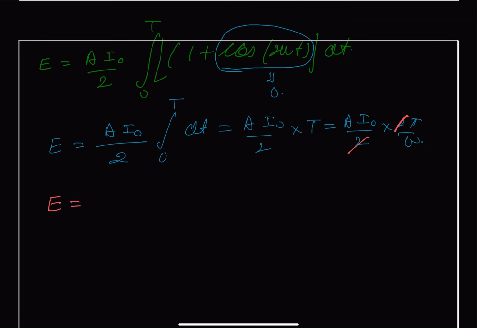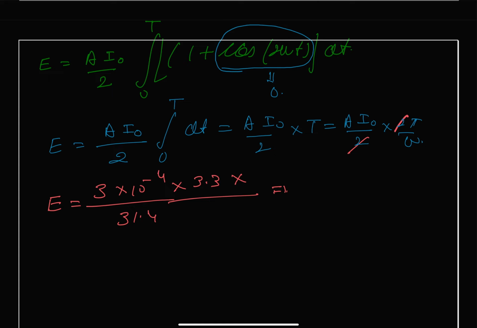We get E, area is given to us as 3 into 10 to the power minus 4, and I naught is 3.3, and pi, let me substitute pi also.